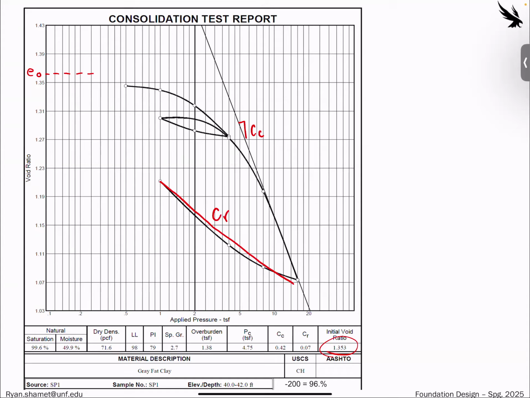So remember, when you're calculating the CC or the CR, any of these things, you have to make sure that you're using the rise over run equation, which looks a little funky because it's a negative number on the top, e1 minus e2, but then also the log on the run portion because it's a semi-log plot. So it would look something like this, log 1. So you would pick two points, not random points, but you would find two points and then calculate that slope that way.